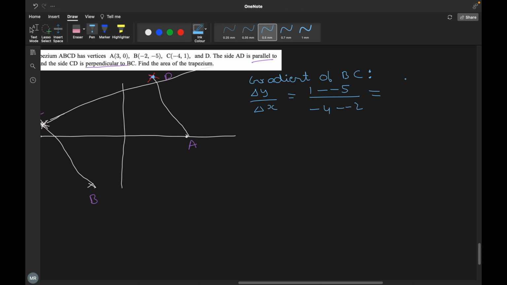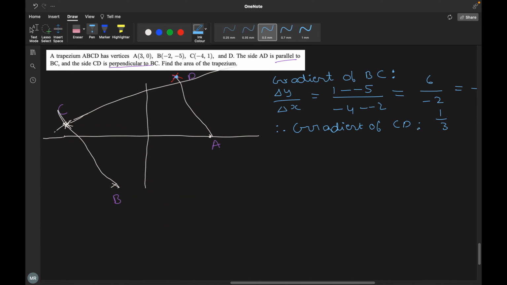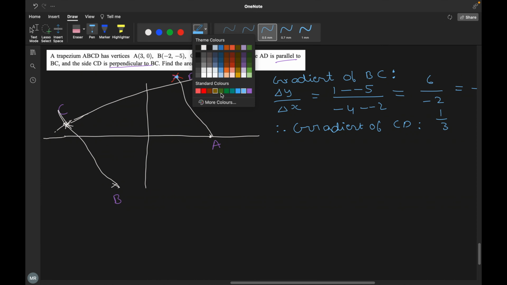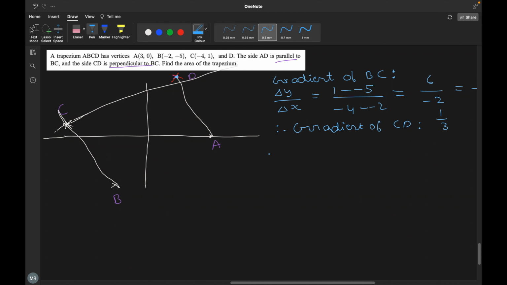This would be 6 divided by negative 4 plus 2, so negative 2, which is negative 3. Therefore, the gradient of CD is the negative reciprocal, so it's going to be plus 1 by 3. And now let's find the equation of CD. So let's do that.